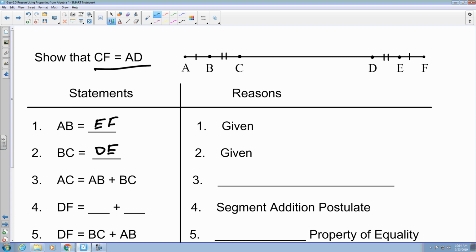The third step here says AC is equal to AB plus BC. What allows us to make that conclusion is the segment addition postulate.